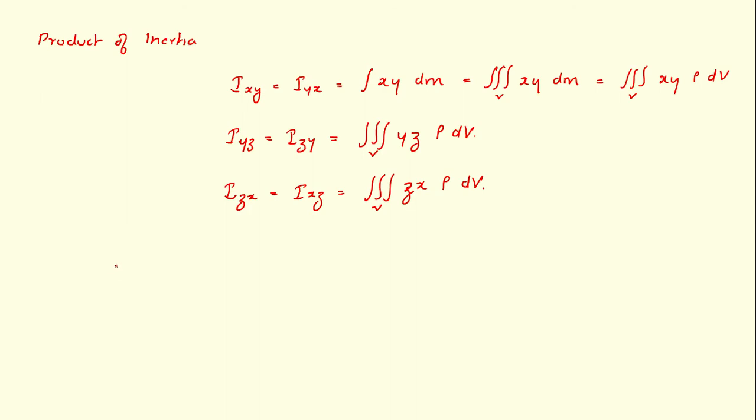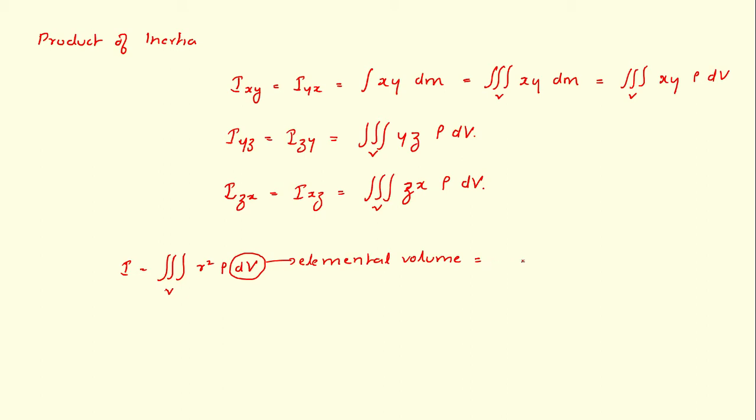Now remember, when I have the value of I equal to the volume integral r square rho dv, this dv is the elemental volume. This elemental volume can be expressed either in terms of Cartesian coordinates or any other coordinate system that is suitable for the question.